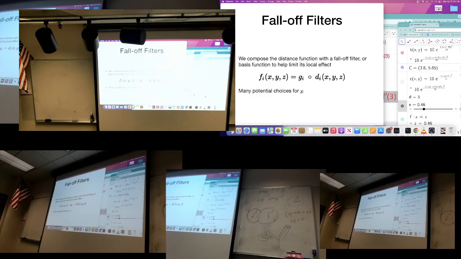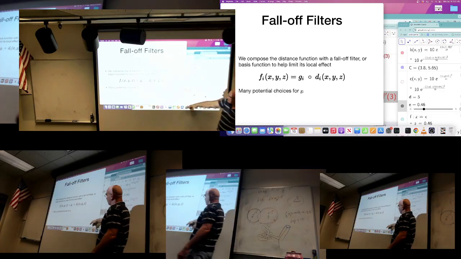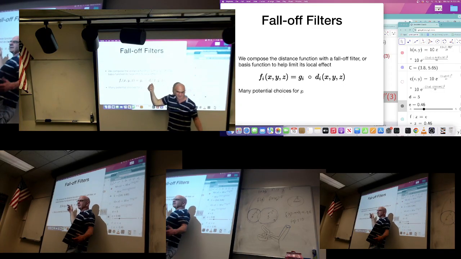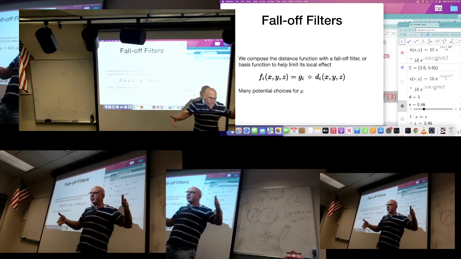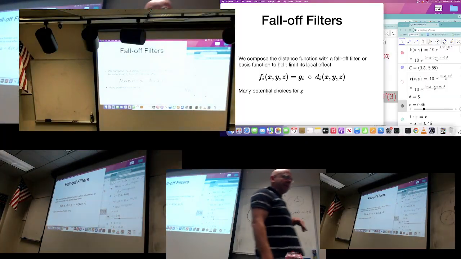Okay, fall-off filter is a fancy way to just say, if your query point is here and your data point is here, then a point that is very far away, its f is 0. Don't take f unless it's relevant for the points that you are asking about.